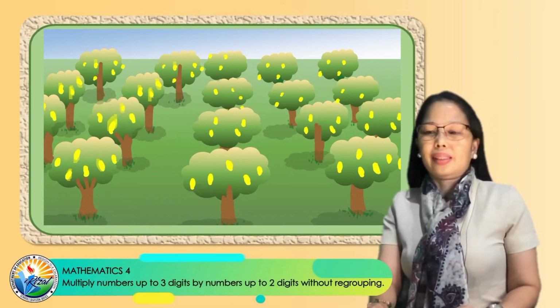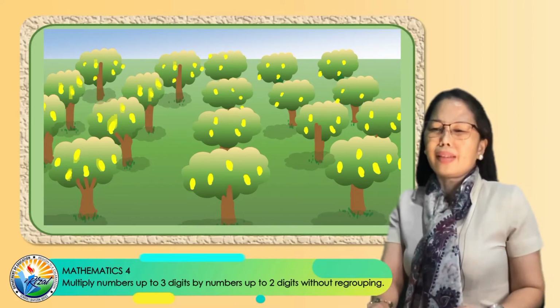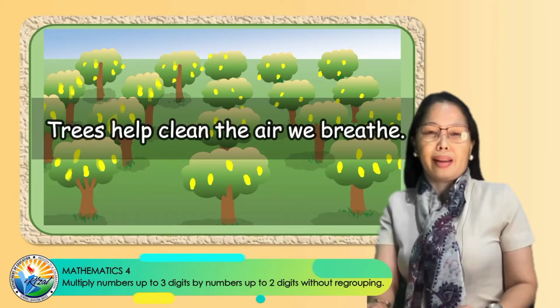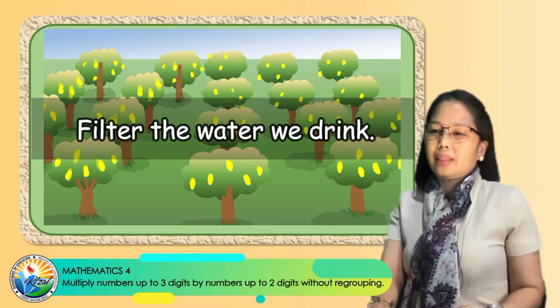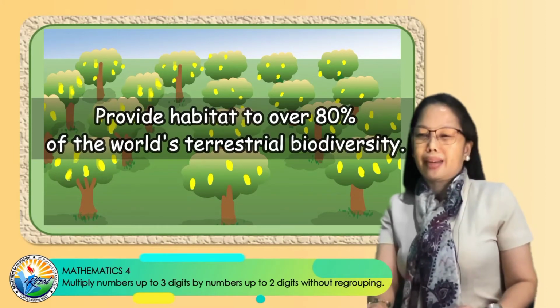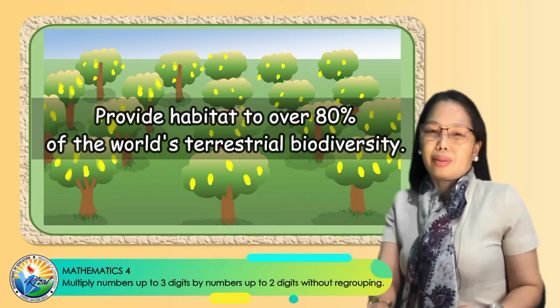Right, it is good to plant trees because some of the many reasons is that trees help clean the air we breathe, filter the water we drink, and provide habitat to over 80% of the world's terrestrial biodiversity.